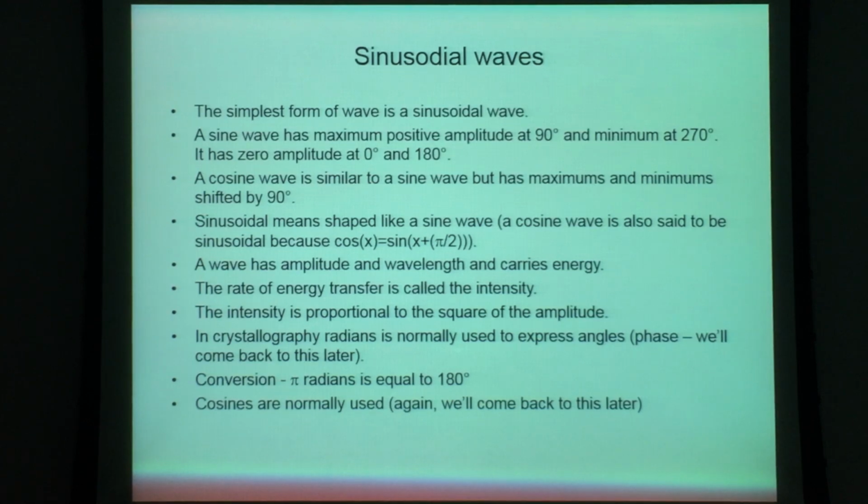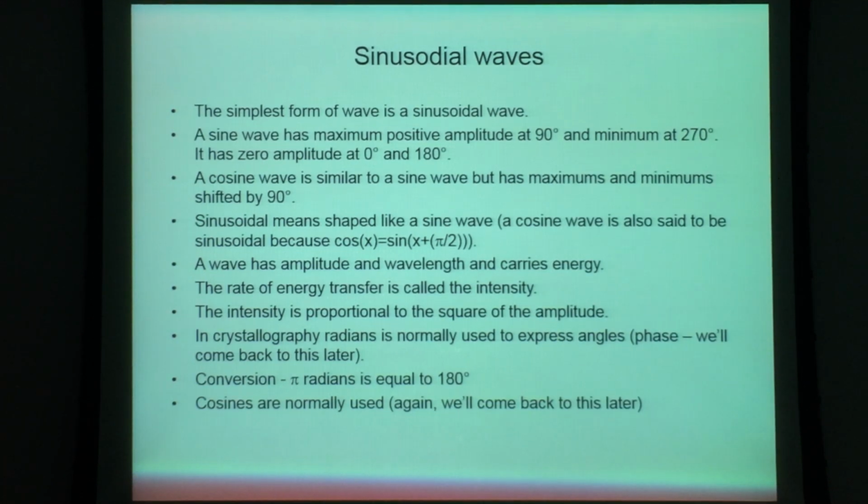A cosine wave just has a maximum there. So a cosine wave has a maximum at 0 degrees. A sine wave has a maximum at 90 degrees. And that's just the difference between the cosine and sine wave.